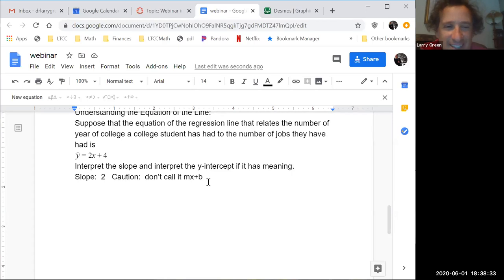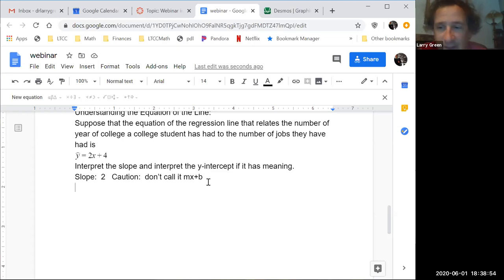The reason is in statistics, they typically use a plus bx and b is the slope, just to confuse you. Just kidding. But they do use the a plus bx. The reason is too advanced for me to explain. So I'm just going to use the word slope and the word y-intercept.